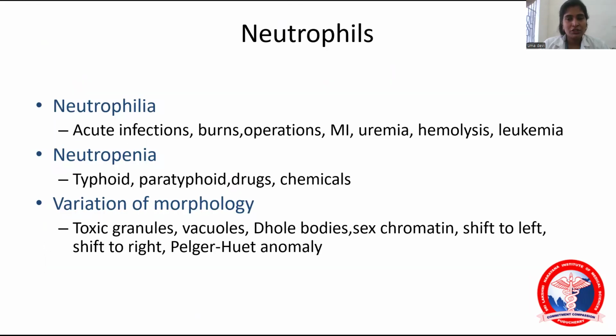Now, the conditions where I say increased and decreased, that we will see. The conditions where we see increased WBCs, here mainly neutrophils, we call neutrophilia. I told you normal is 4 to 11 thousand.